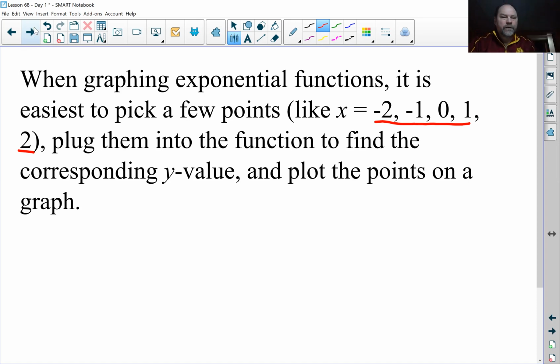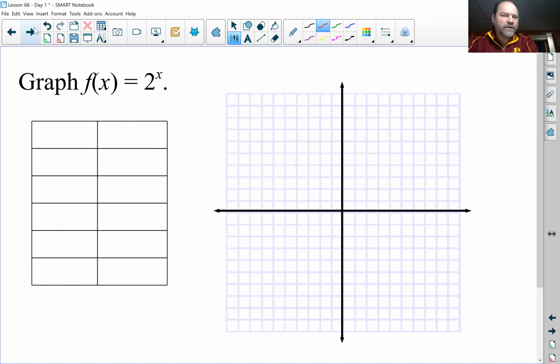So here we have f of x is equal to 2 to the power of x. And a couple of different ways that you could find the value of the function.